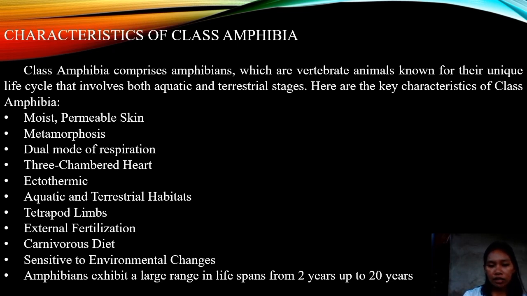Amphibians exhibit a large range in lifespans, from 2 years up to 20 years. Class Amphibia encompasses a diverse group of vertebrate animals with a set of distinctive characteristics that distinguish them from other classes of animals. These characteristics collectively enable them to thrive in both aquatic and terrestrial environments throughout their life cycle.